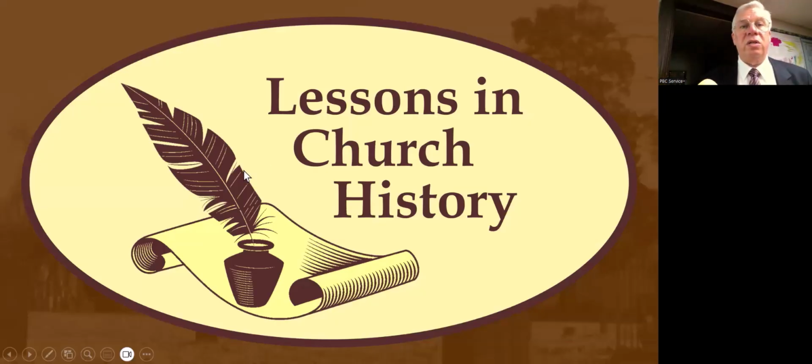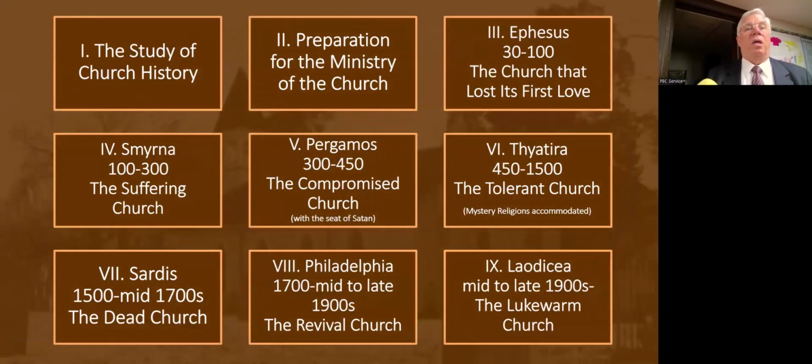So we are here looking at lessons in church history. This is based on when we left off teaching through the Revelation. And we had looked at the seven churches of the Revelation and how they really correspond to time periods in church history.